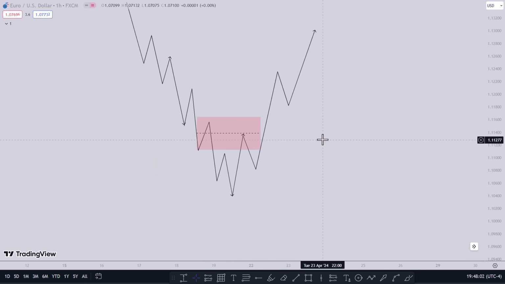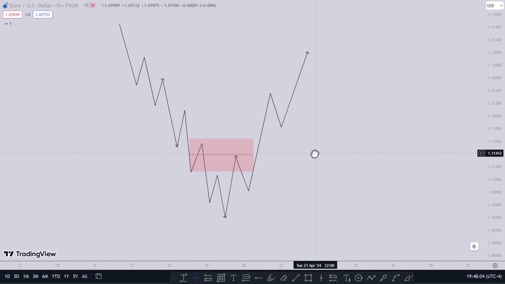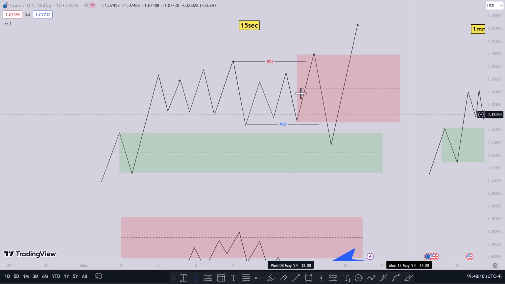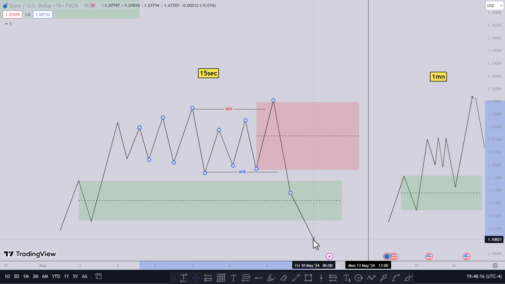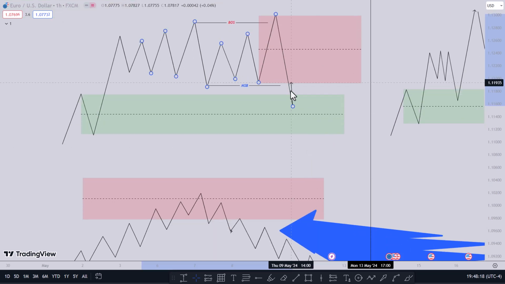But remember that price is not going to keep going down and down forever. So at some point, this break of structure, this pattern, is not going to continue to the upside. It's going to fail like this, and sometimes it will not give you that retracement to the unmitigated zone.